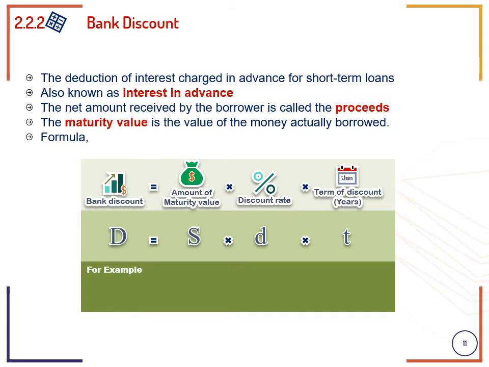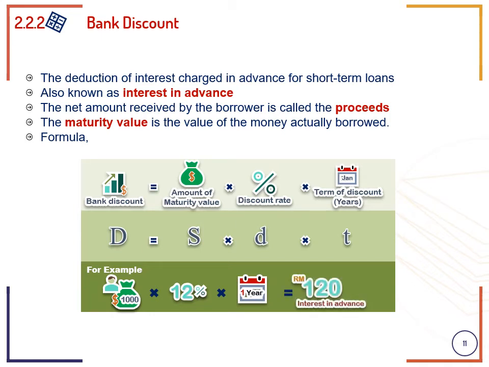For example, assume a person wants to borrow 1,000 ringgit for a year from a lender who charges a 12% discount rate. The lender will take 1,000 ringgit multiplied by 12% or 0.12 multiplied by 1, which is equal to 120 ringgit as interest in advance, and the man will receive 880 ringgit as proceeds.